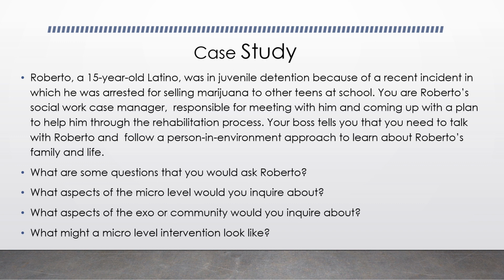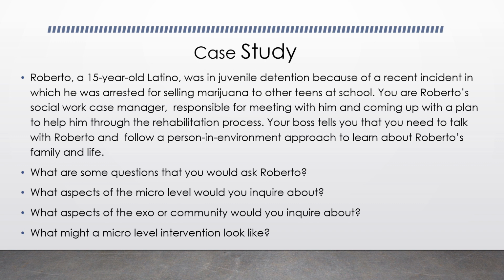So as a caseworker working with Roberto, one of the things to think about is, is he a voluntary or an involuntary client? In this case, because he's in the juvenile justice system, he's probably involuntary, which means he's probably being forced to meet with you in order to transition out of juvenile detention and things like that.